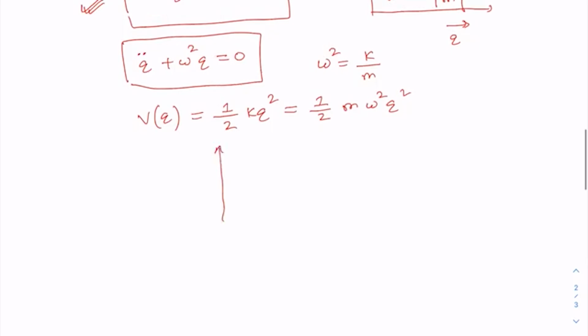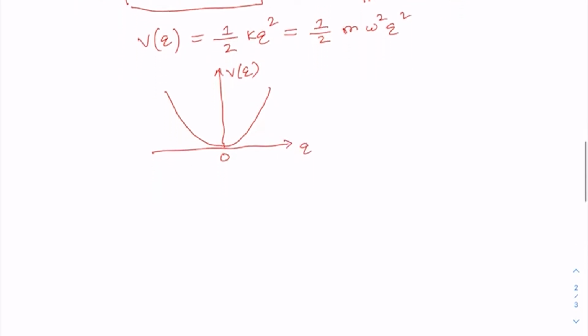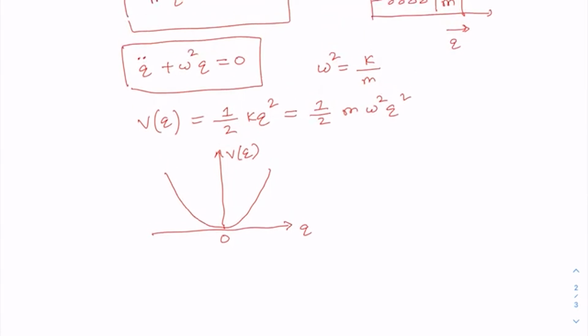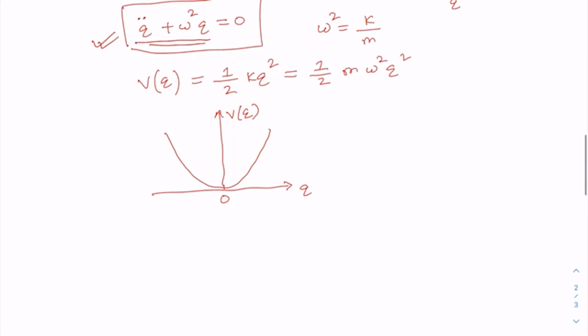Because I have shifted my origin to 0, this is the typical plot of the harmonic oscillator potential energy function. Now we can express this Newton's equation of motion, which is a second order differential equation, in the form of two first order differential equations.